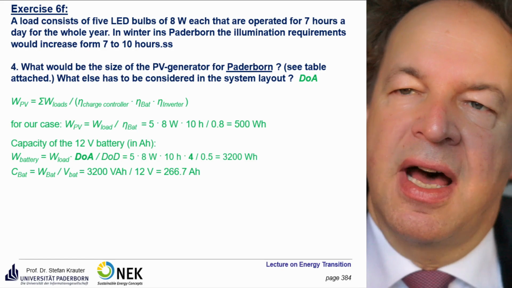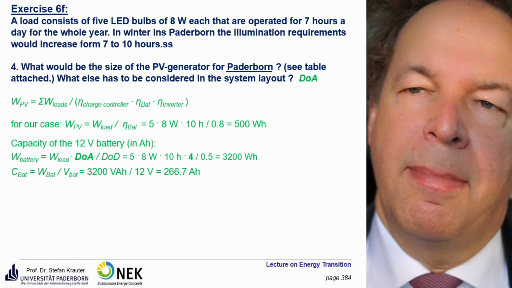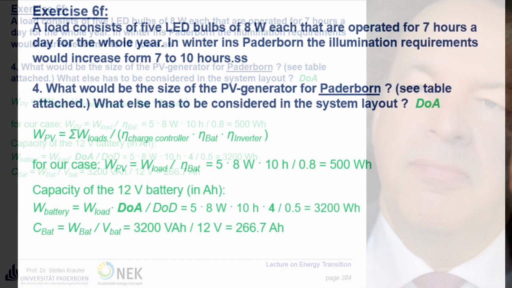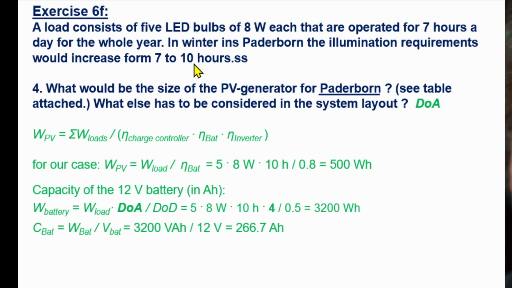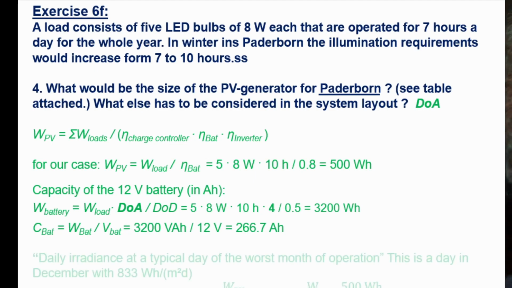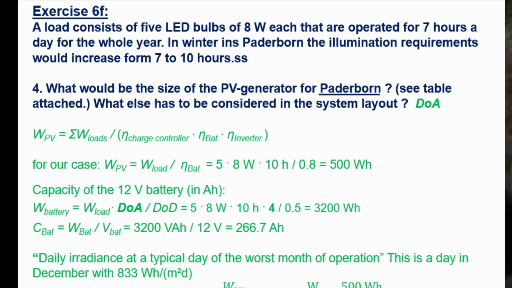So we size the same for Paderborn. There are longer winter periods, as you probably perceived now. We just need more illumination. So it increased from 7 to 10 hours. So we have a higher need for energy to be generated, and also the worst month of the year, if you take a look at the tables, then the size considerably increased, also if you consider the increased days of autonomy.